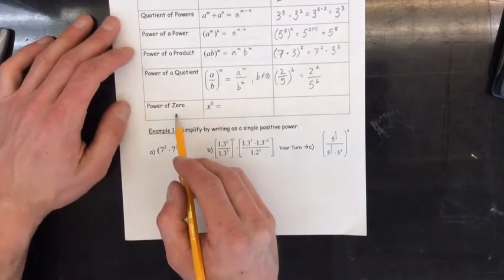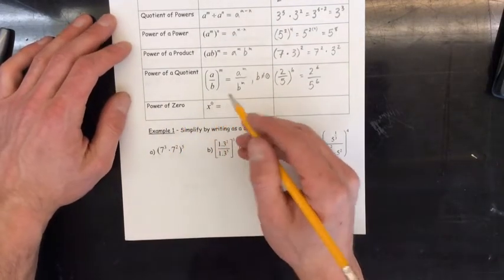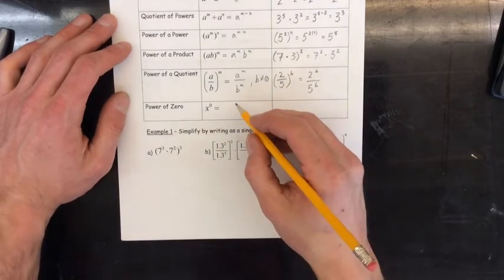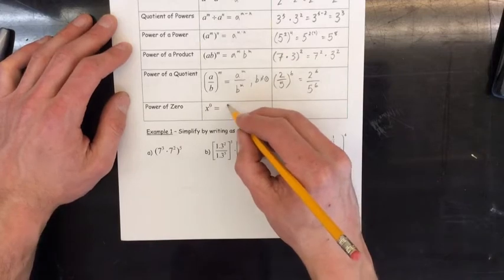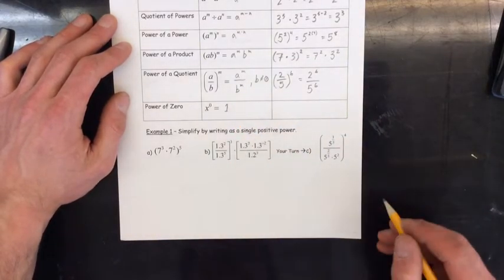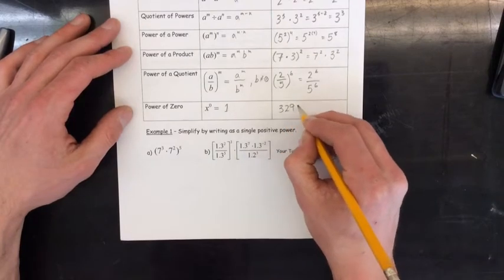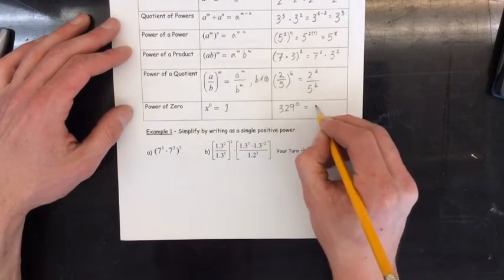And the power of 0: anything raised to the power of 0 is always equal to 1. So 329 to the power of 0 is equal to 1.